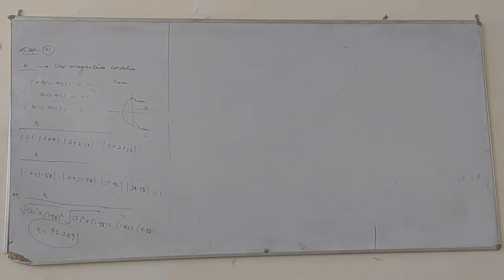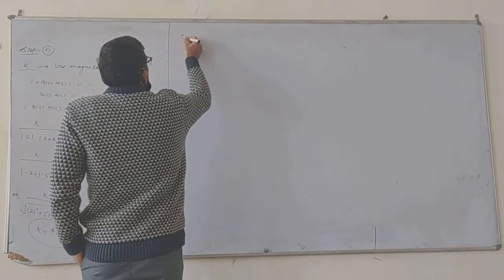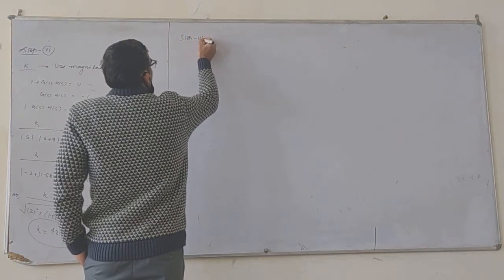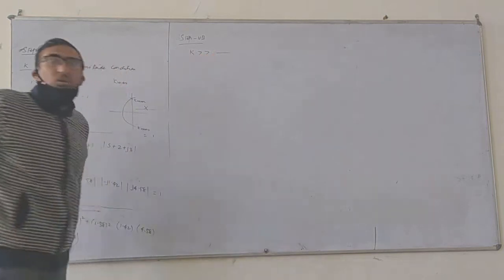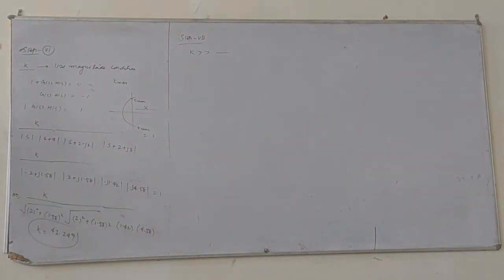Next, now if the value of k increases, what will happen? The root locus will move far away from the poles and zeros. That is step number 7. As the value of k increases, the root locus will move far away from the poles and zeros.